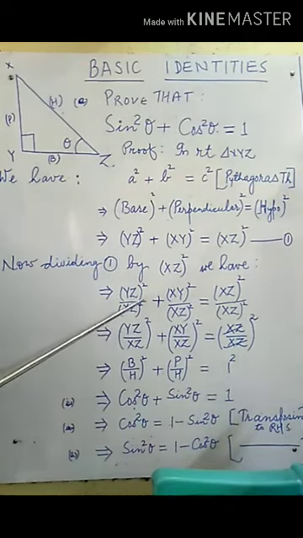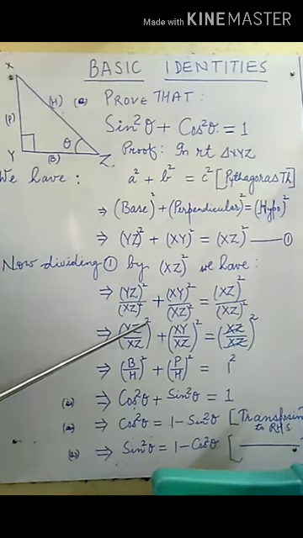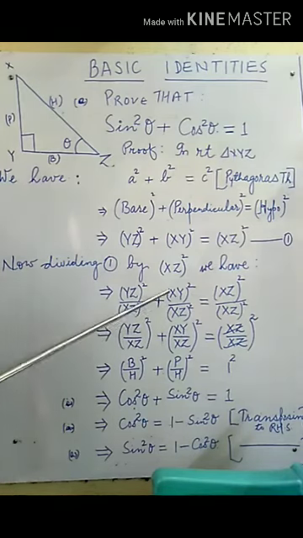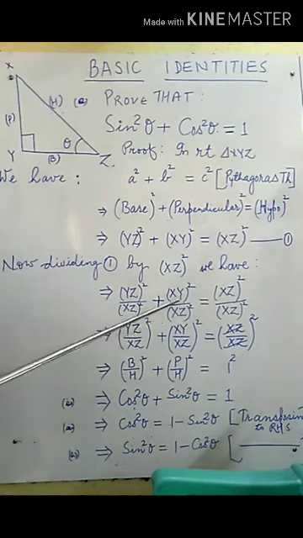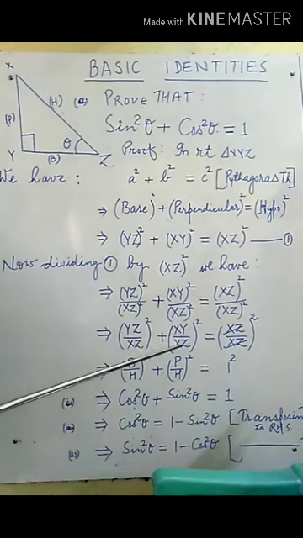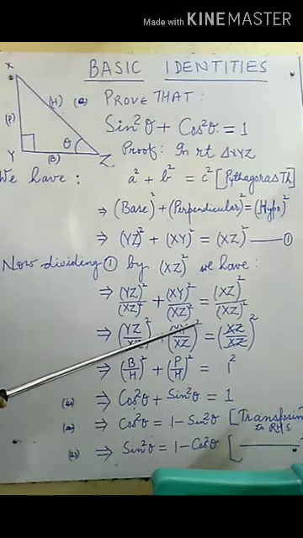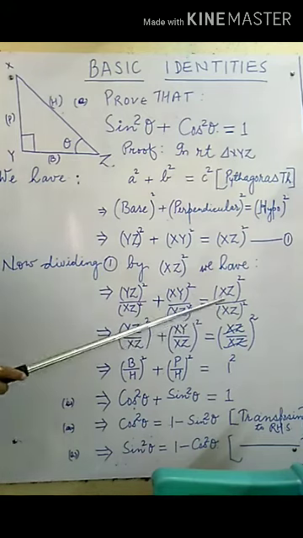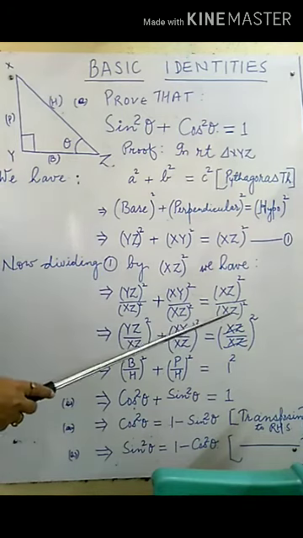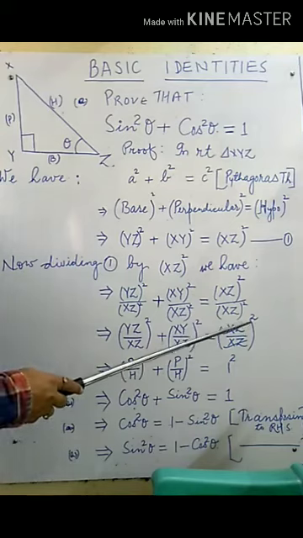The power 2 is common, so the common power is written only once. Similarly here, XY upon XZ whole to the power 2, and here also XZ upon XZ whole to the power 2.